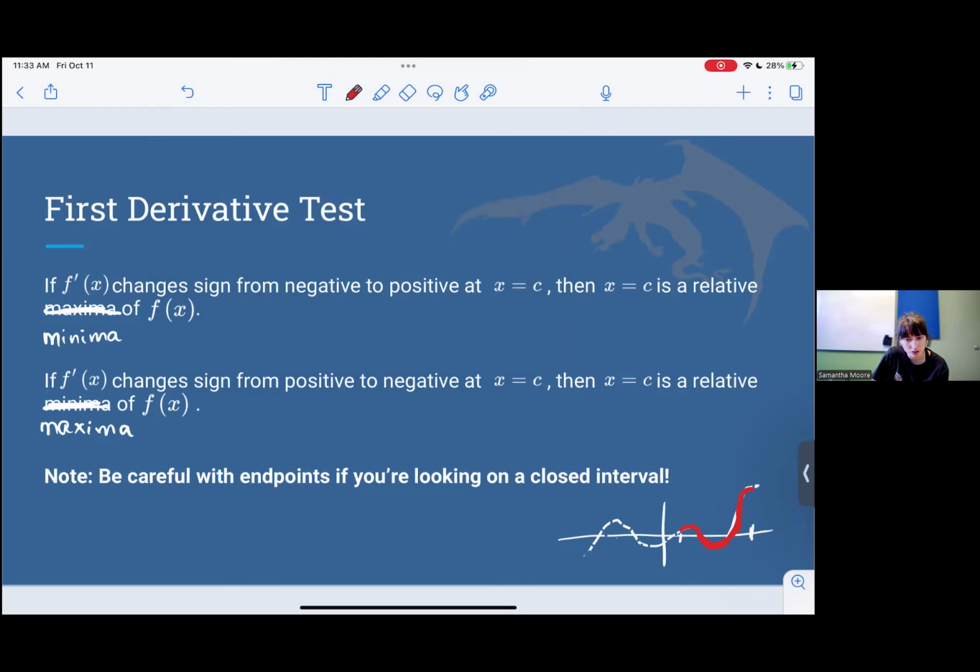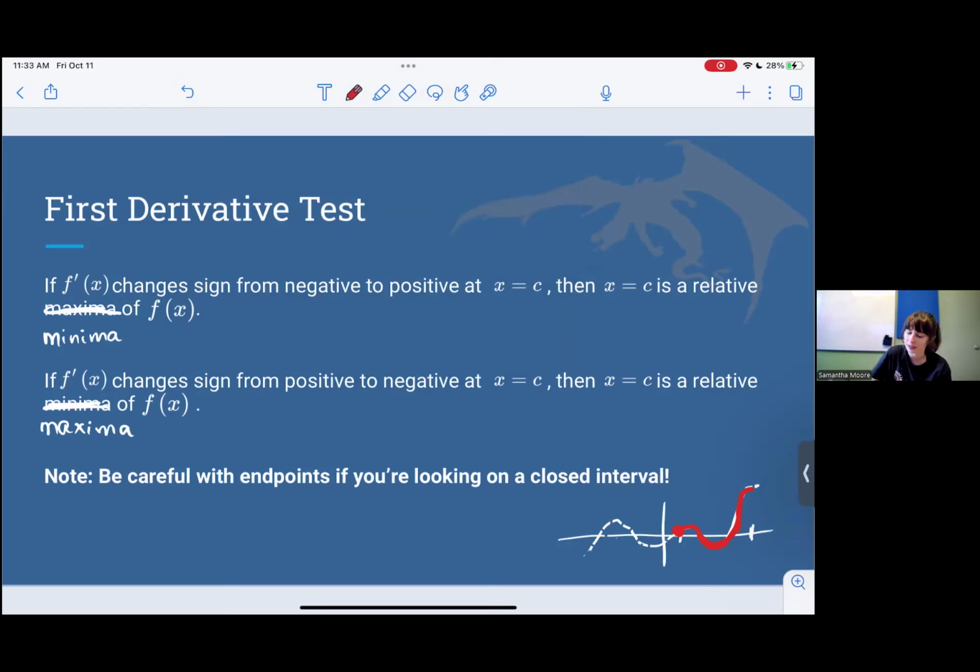Then it's interesting to note that this point is now a relative minimum of my red picture, even though it wasn't a minimum of my full function. Basically, I've cut off part of my graph and created a new minimum by cutting my graph at a weird point.